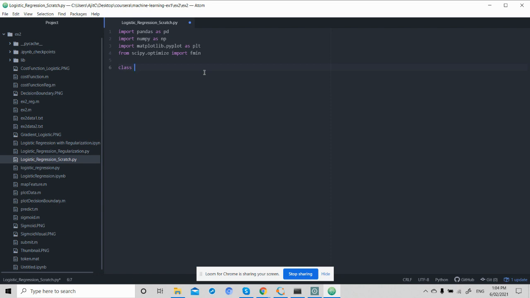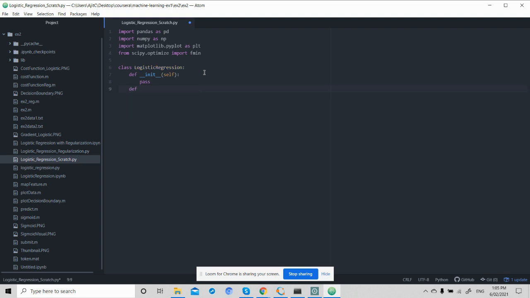So let's create a class, LogisticRegression. Let's create our default constructor and initiate it with pass.